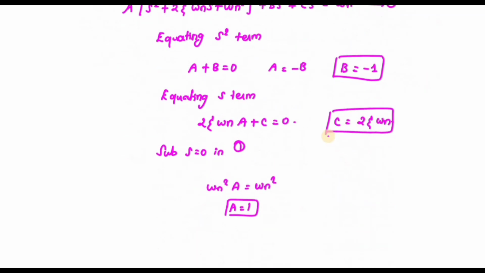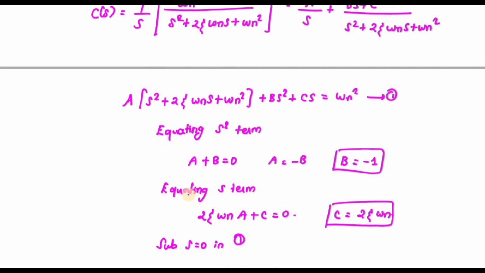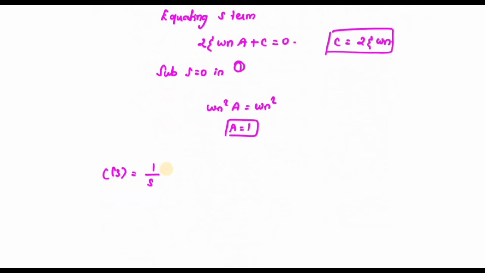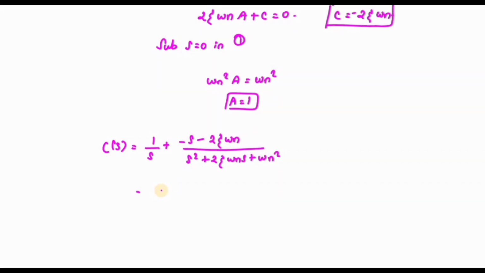So what is my C(s)? C(s) = 1/s, since the A value is 1, and the B value is -1, so -s, plus since the C value is -2ζωn, so -2ζωn, divided by s² + 2ζωn s + ωn².